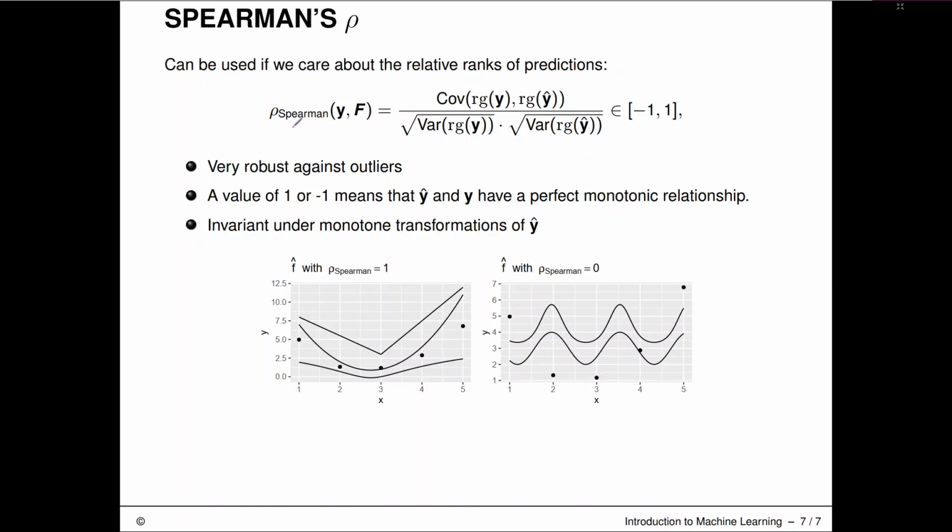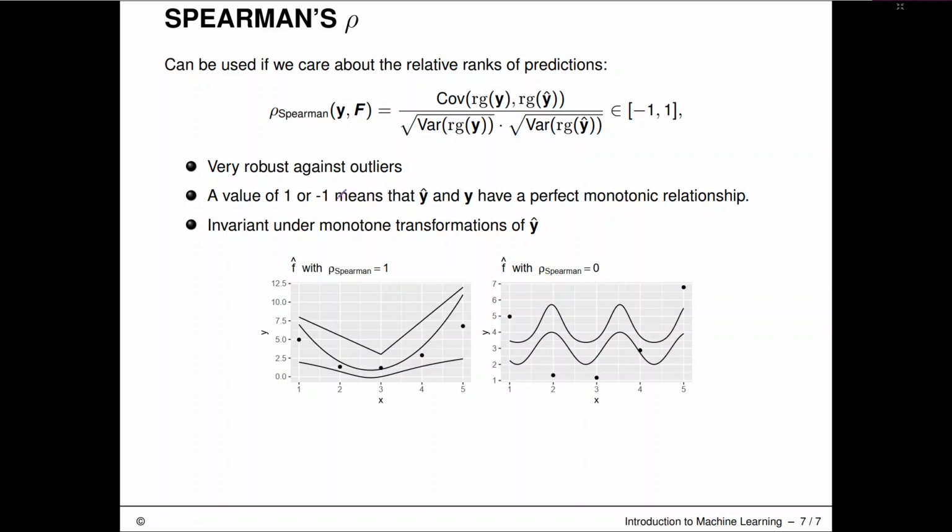You hopefully also know this as the ranking correlation instead of the linear Pearson correlation. This metric simply measures Spearman's ranking correlation between the vector of true labels and the vector of predictions through that very well-known formula. That's just the formula of the correlation applied to the rank transformation of y and y hat.